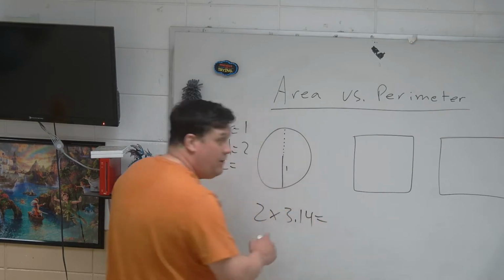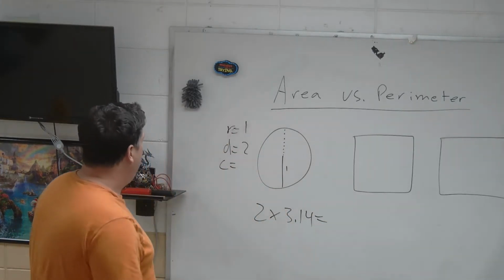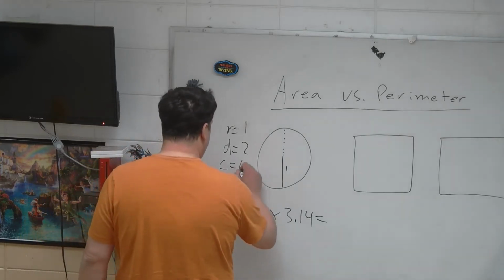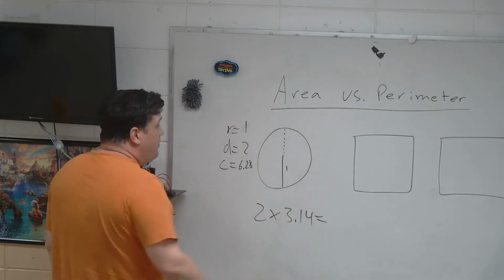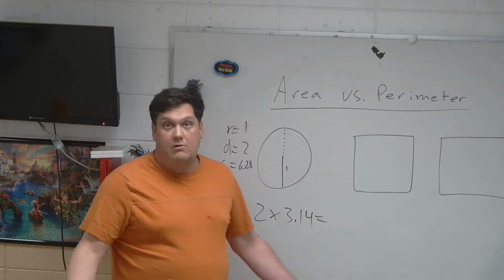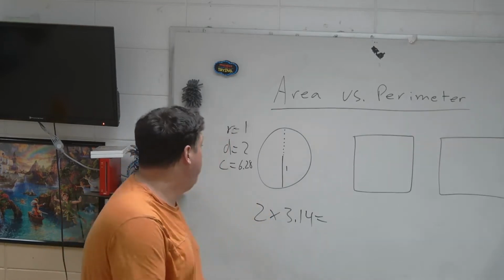We use 3.14 as pi. That's not exactly pi, but it's close enough. So our circumference would be 6.28. So the perimeter of the circle is 6.28 units, 6.28 feet or miles or meters or centimeters or whatever.